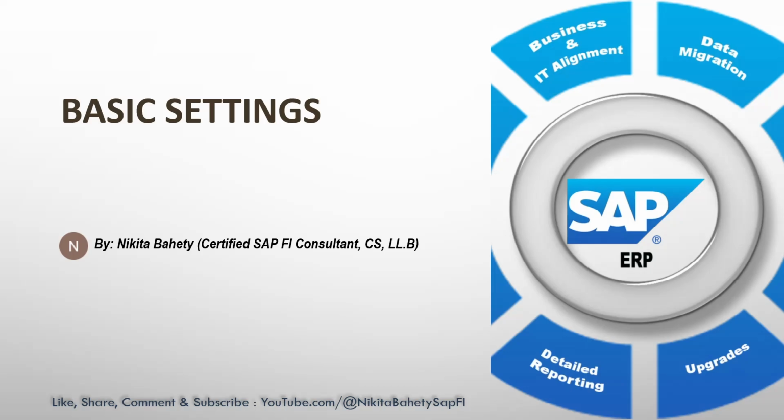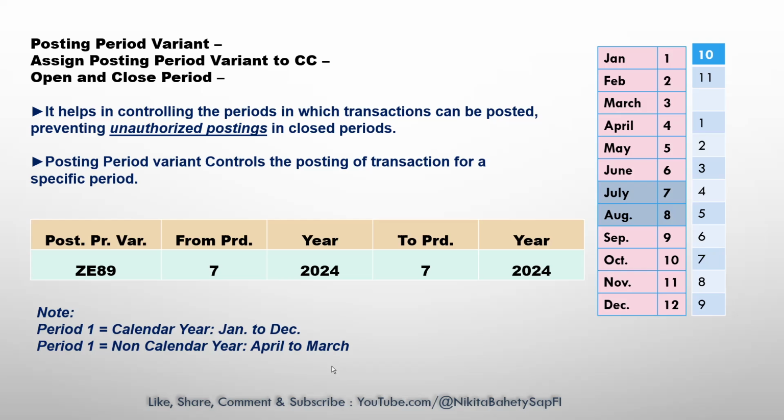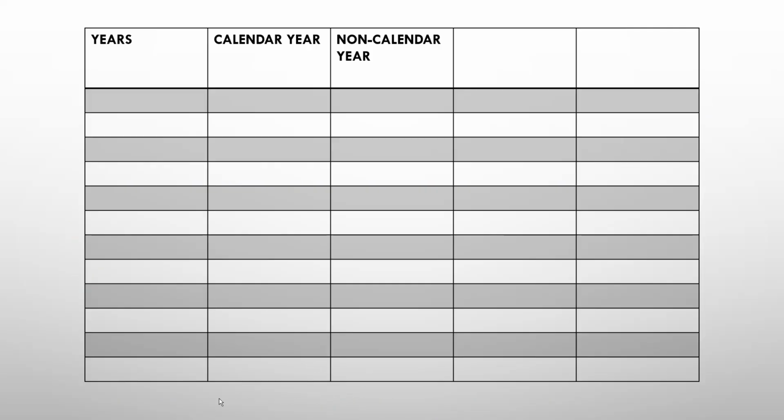In the last class, I was explaining the basic settings of the fiscal year variant, and I haven't completed it yet. There are still a few more things which I have to explain. I was explaining about the year shift.